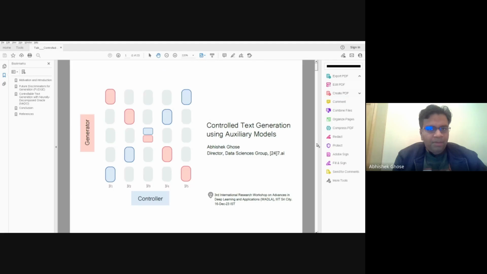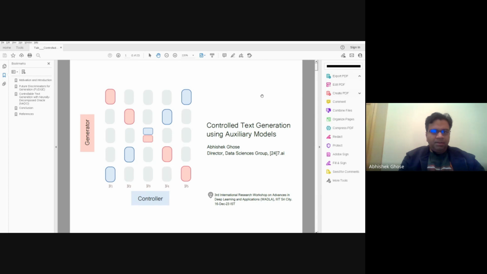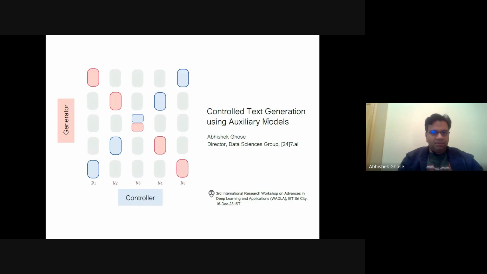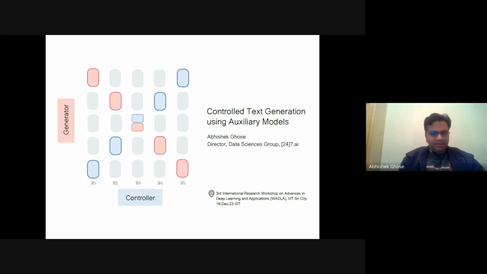How about now? Are you able to see it now? Yes. Okay. So let me go to full screen mode. You're still able to see the cover slide in the full screen mode? Yes. Okay, so let's get started.